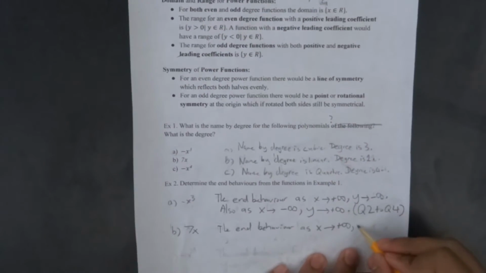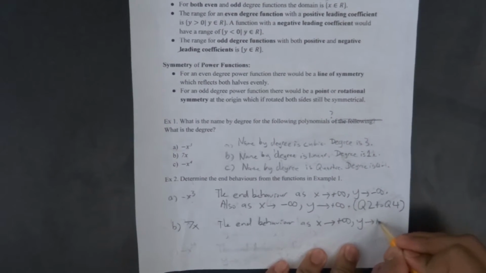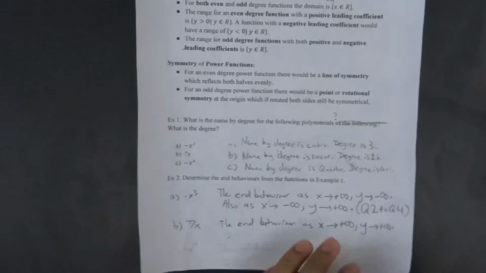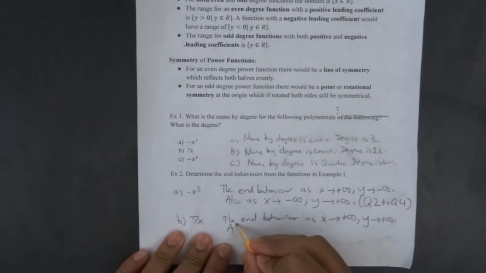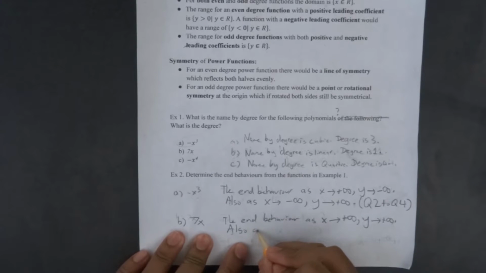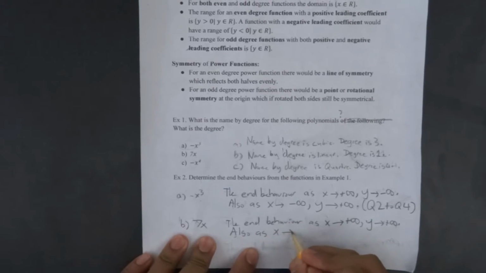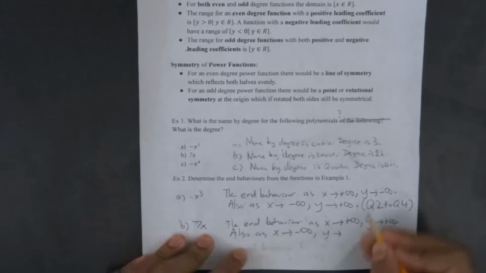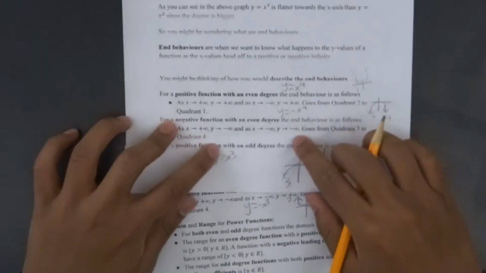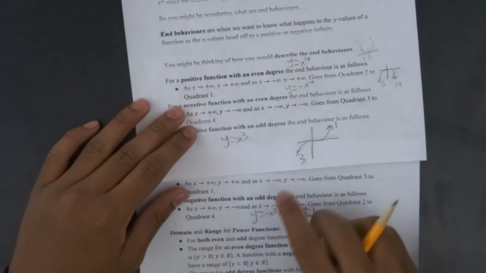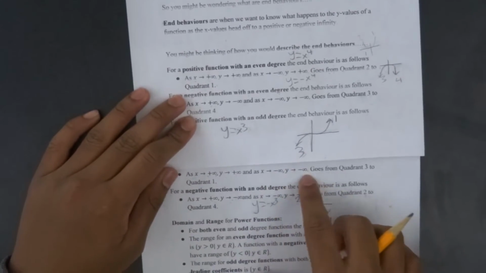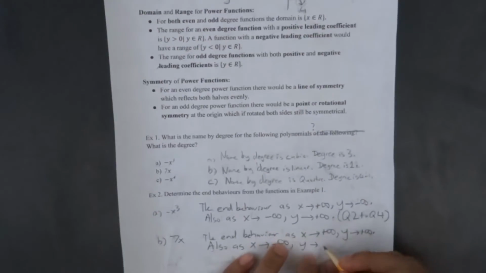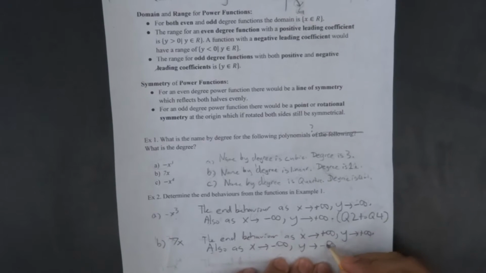So you would write y approaches positive infinity. And say x is going to negative infinity, so you would also write as x approaches negative infinity, y approaches, looking back at your notes, you can see that as x goes to negative infinity, y also goes to negative infinity. So you write y goes to negative infinity.